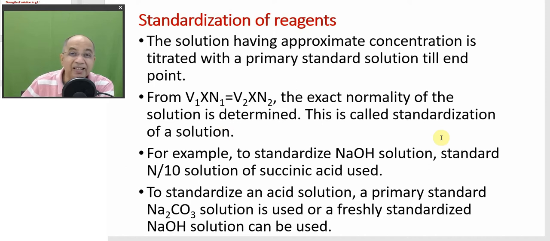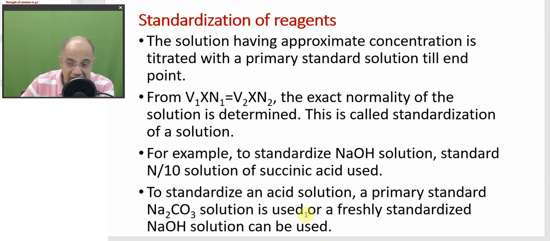This is called standardization of a solution. For example, to standardize sodium hydroxide solution, standard decinormal solution of succinic acid is used, because succinic acid is a primary standard. You can rely on its mass by weighing method and prepare the solution by weighing method. You can get the exact concentration because succinic acid is highly stable.